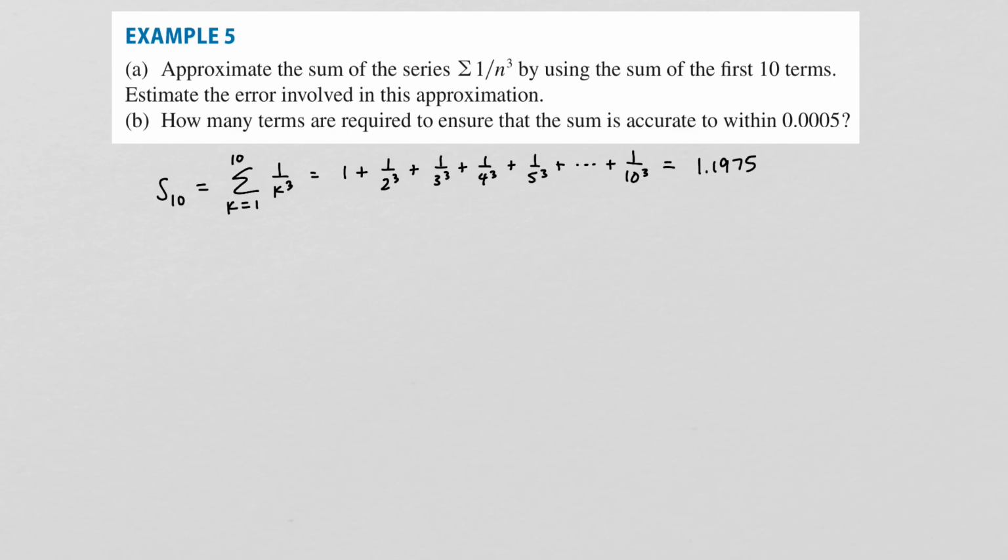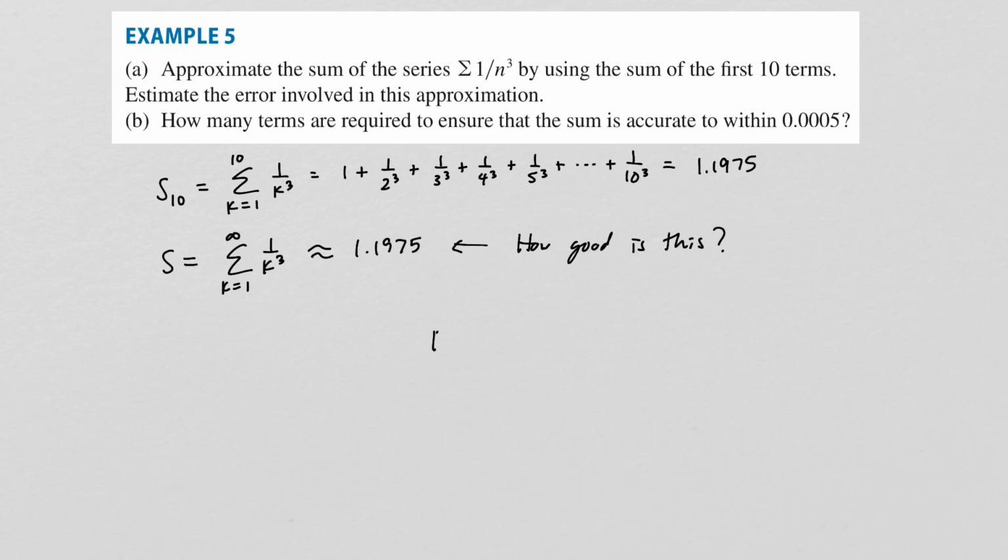1.1975. And so the actual sum of the series, which is the sum of k equals 1 to infinity of 1 over k cubed, we know that this is approximately equal to 1.1975. But how good is this approximation? How close is it?